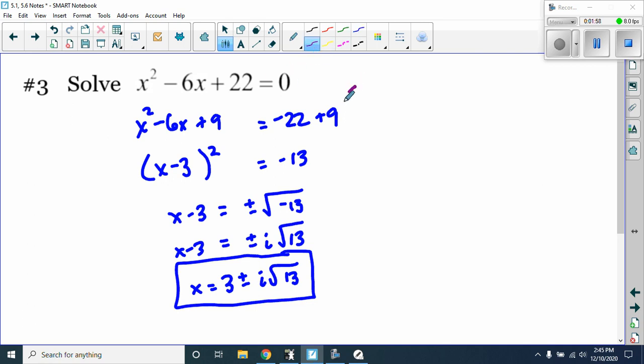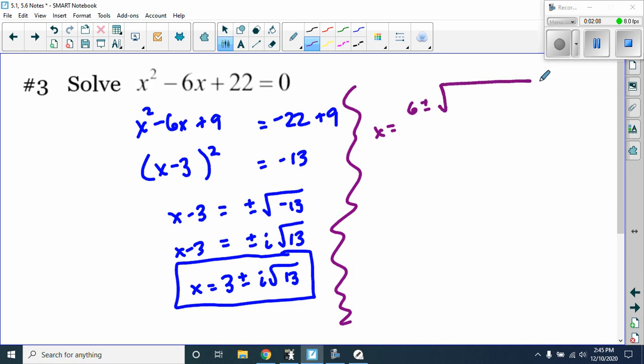If you had chosen to use the quadratic formula instead, it would look like this. My equation's already equal to 0. So x equals -b plus or minus the square root of b squared minus 4ac, all over 2a.